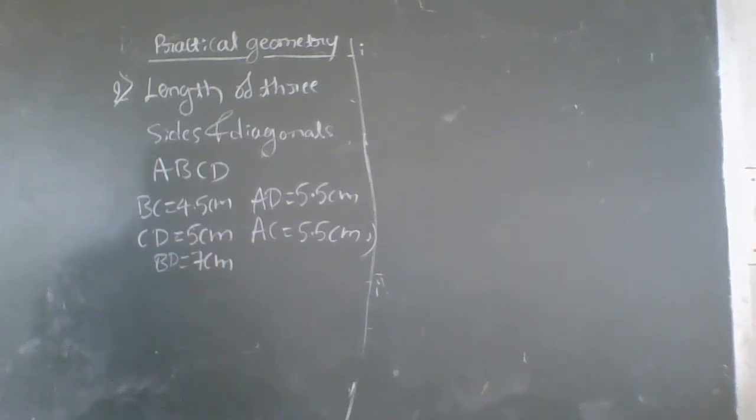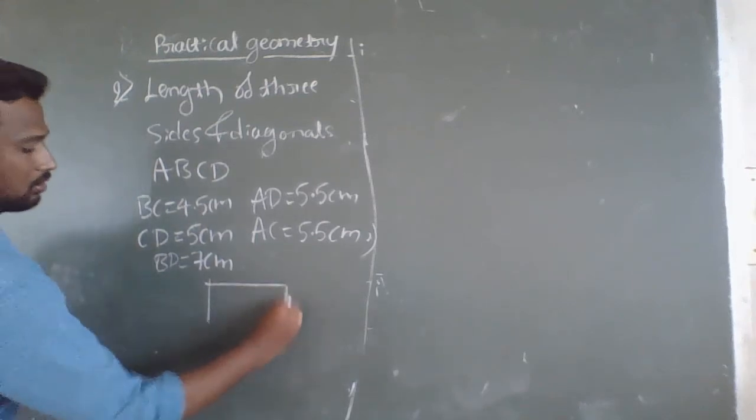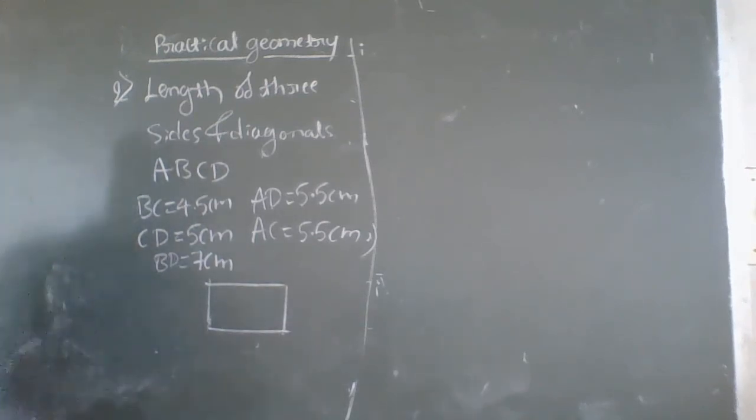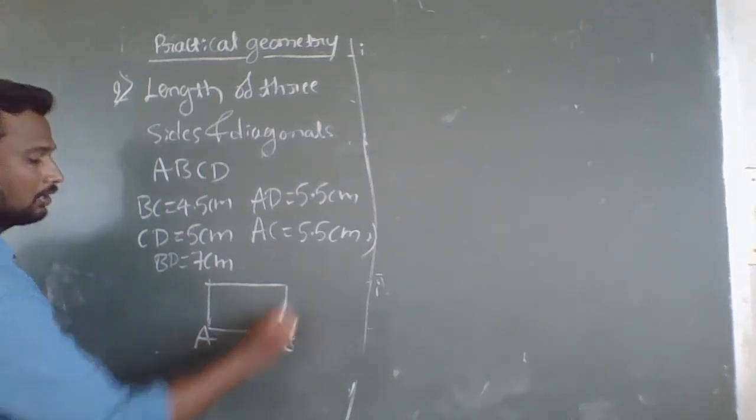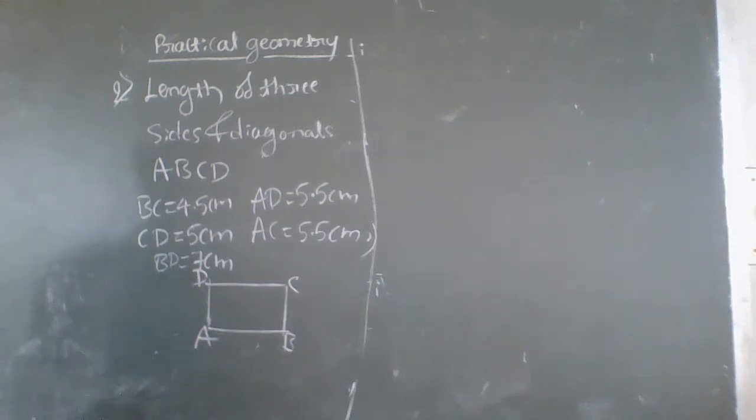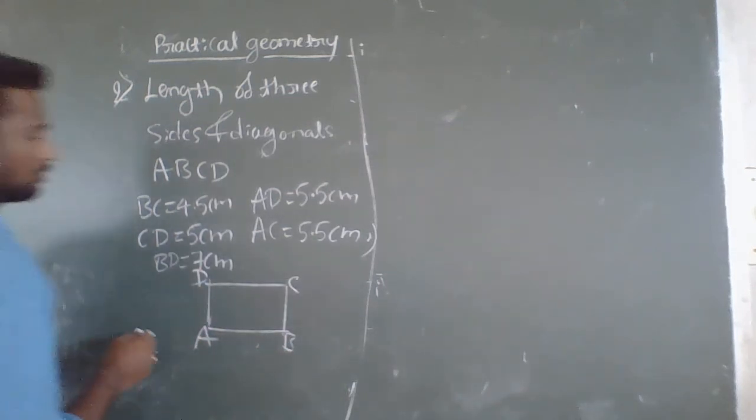So first here I will draw a rough diagram of quadrilateral, and I will name it as quadrilateral ABCD, and they have given 2 diagonals also.